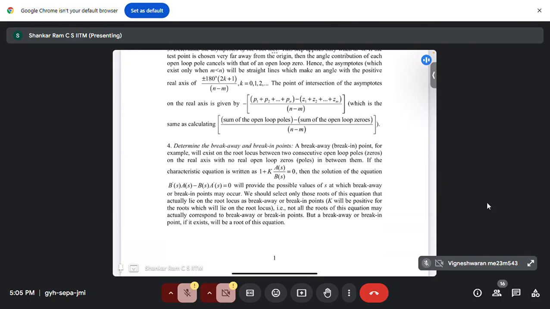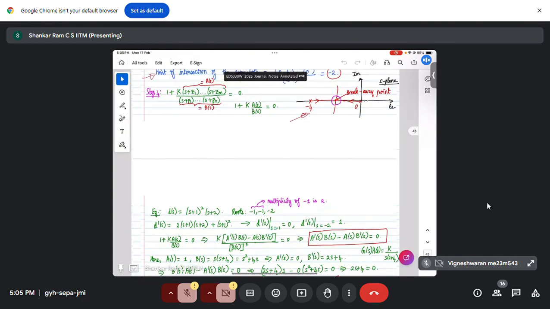So now we briefly started with the fourth step. We briefly understood what a breakaway point and a break-in point are, but let's recap, so that we go from there.